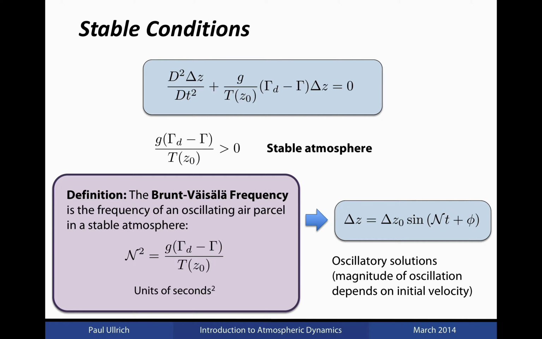Typical solutions then look like delta z equals delta z0 times sine of the Brunt-Väisälä frequency times time plus phase. The Brunt-Väisälä frequency here is a special concept defined for stable atmospheres, and it's the frequency of an oscillating air parcel in a stable atmosphere, defined as N squared equals (gamma d minus gamma) times gravity divided by the temperature at the reference altitude.